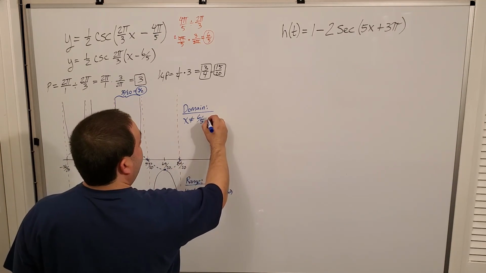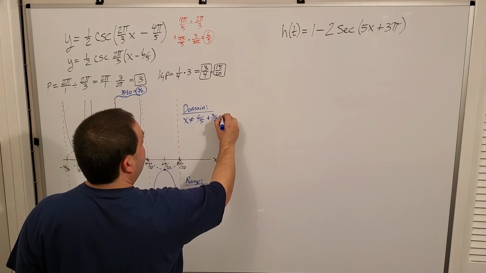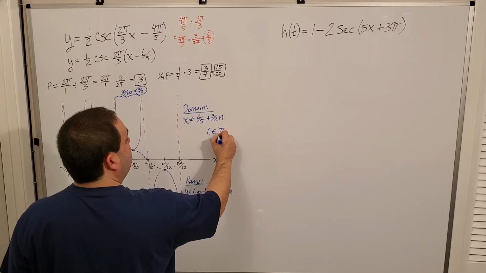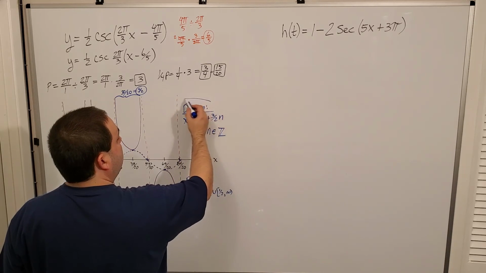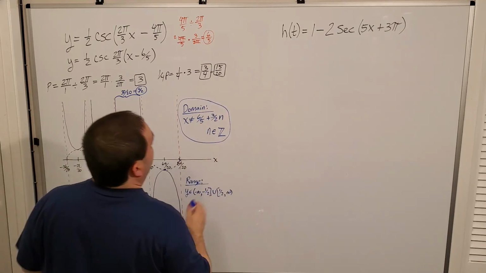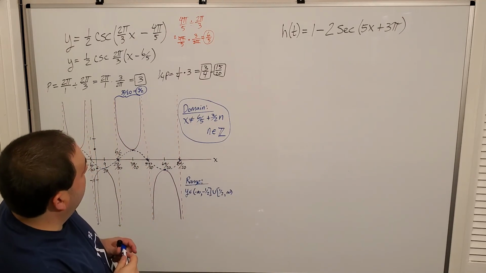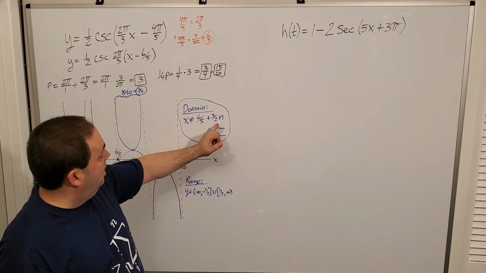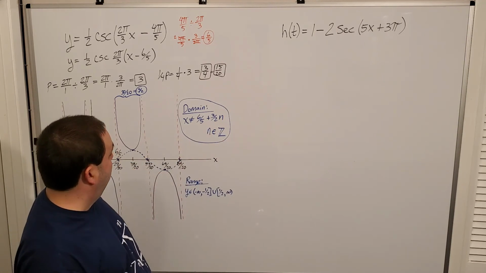So 6/5 plus 3/2 times n, and n can be any integer. So there's my domain. Any number that falls into the set where 6/5 is going to be added to any integer times 3/2.